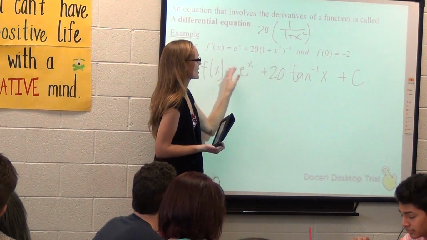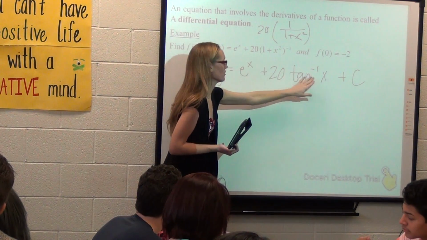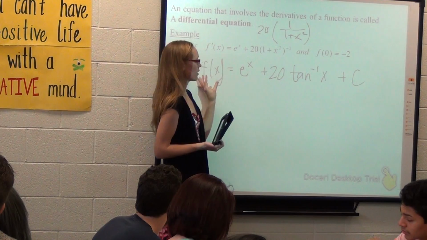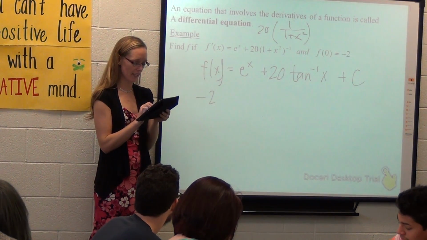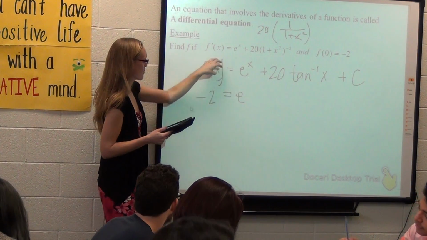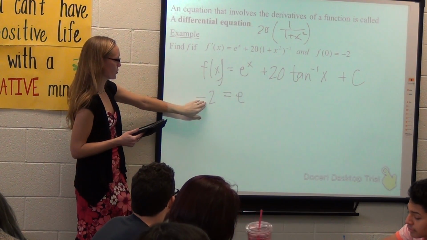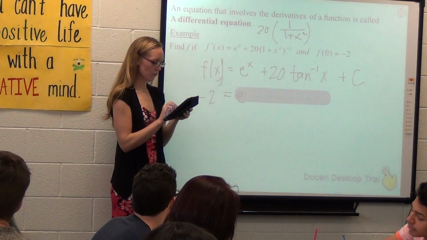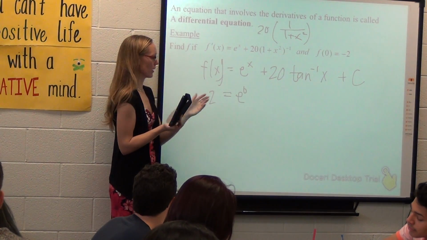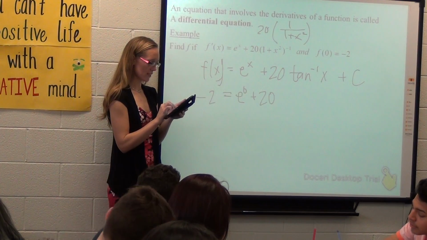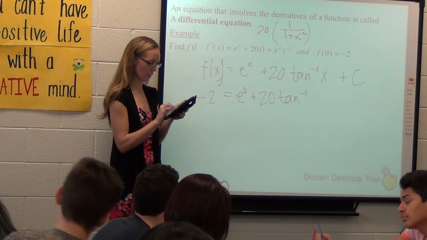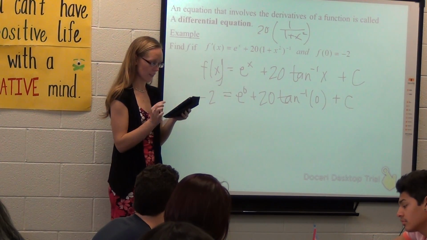If we plug in 0 for all of these x's, then this function has to equal -2, and I use that to solve for c. So I'm going to say that my function equals -2 when I plug in 0 for x: e to the power of 0 plus 20 times the inverse tangent of 0 plus c.